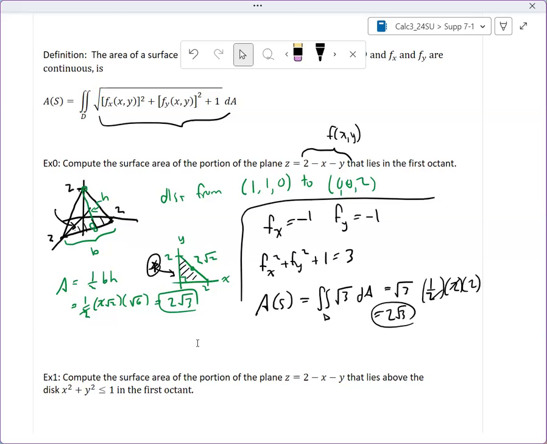But understanding how to set up the region and what integral you're actually looking to solve is the important part. That's really what we're trying to get out of this: understanding how to set up the integrals, how to set up the regions, and how to work through some of these calculations. It's less about doing a long integration problem.